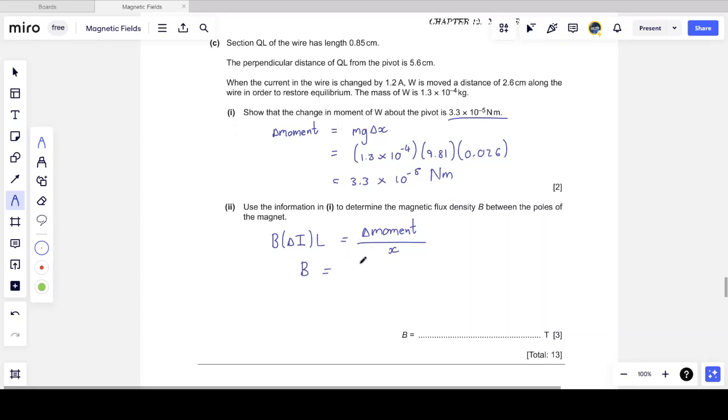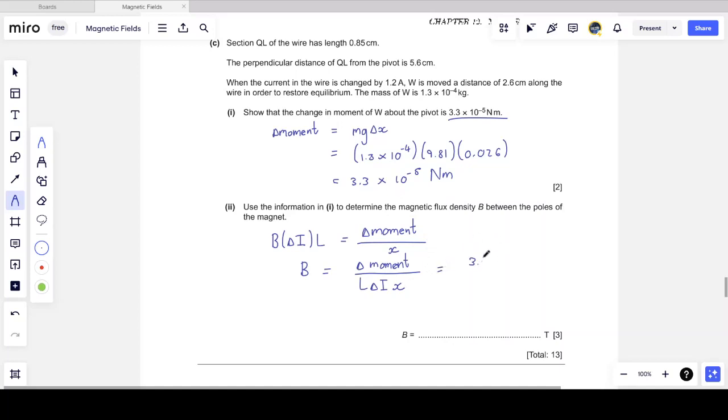So I can write this as the change in moment divided by the length of the wire in the field, or the length of the section QL in this case, times the change in the current times x. Remember, changing the current is what causes change in force on that section of the wire.